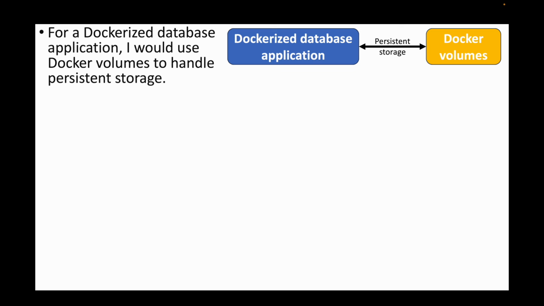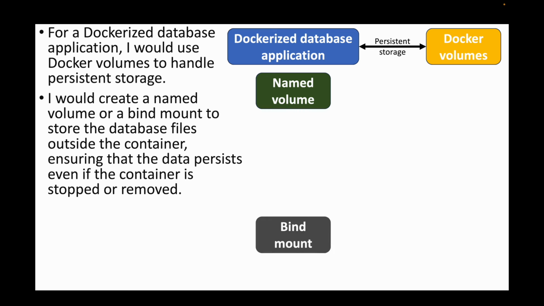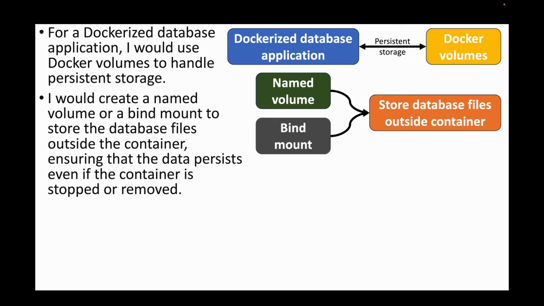If you want to make your data persistent, you can make use of Docker volumes. We can either create a named volume, or a bind mount. This is where we'll be storing the database files outside the container. We won't be storing the data inside the container, we will be storing it outside, using either a named volume or a bind mount.